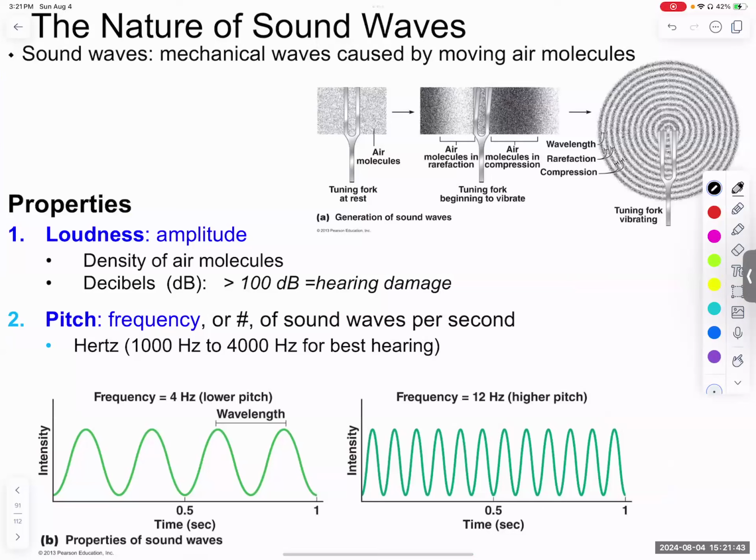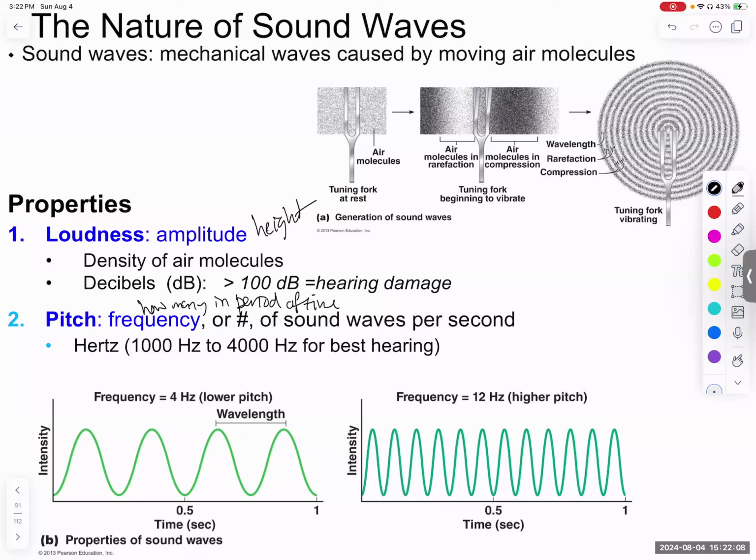So the nature of waves or sound waves is that there's an amplitude and a frequency. The amplitude is the height, and the frequency is how many in a period of time. So the amplitude or the height is due to loudness.